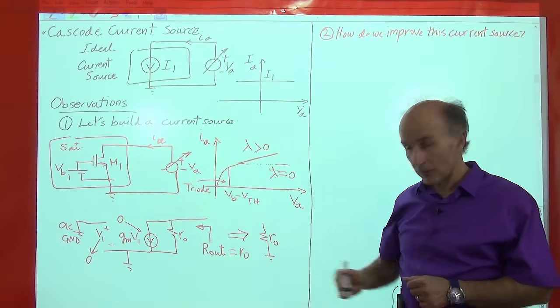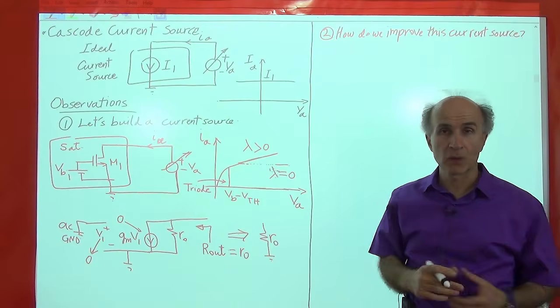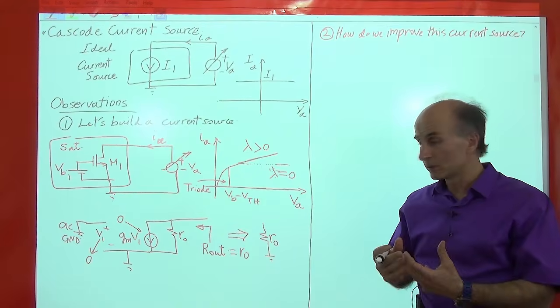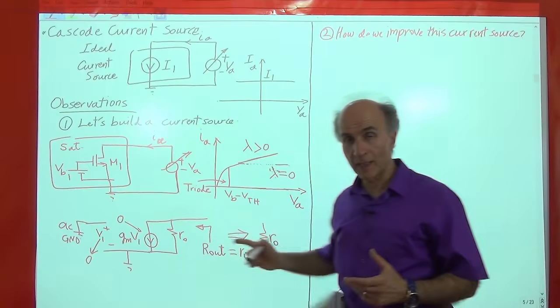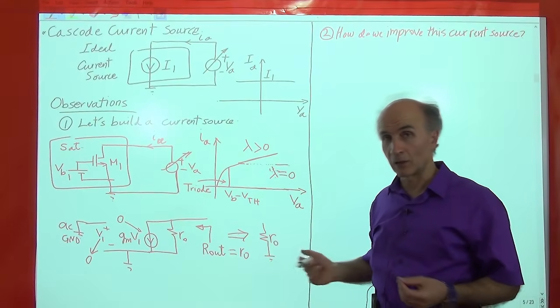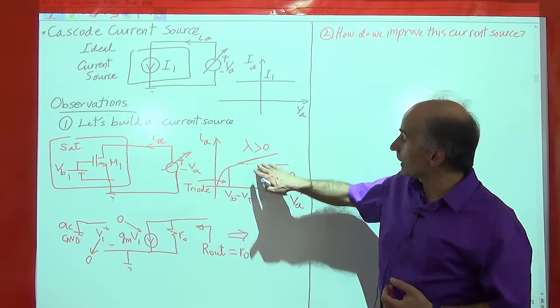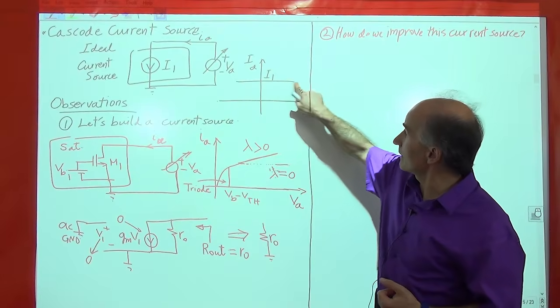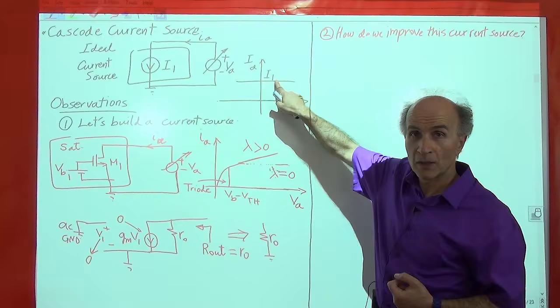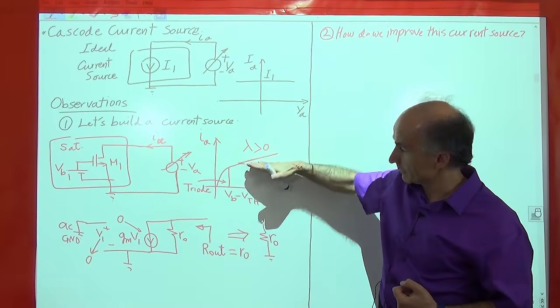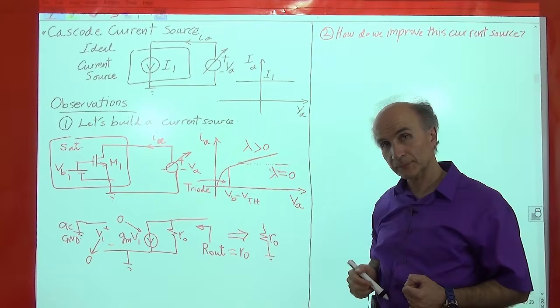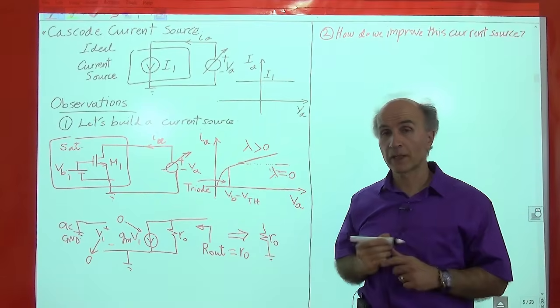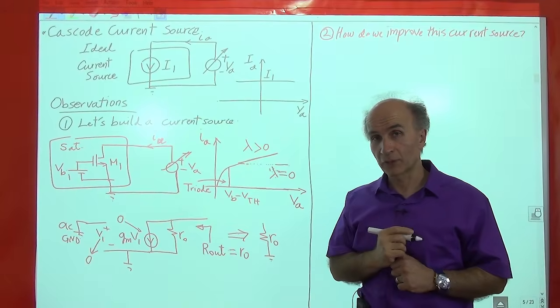So here we got RO, and RO has some limitations of its own. Is there something I can do to this circuit so that the output resistance will be higher than RO? It will become a better current source. The ideal current source has a flat line here, 0 slope, so we would like to make the slope smaller and smaller towards 0.